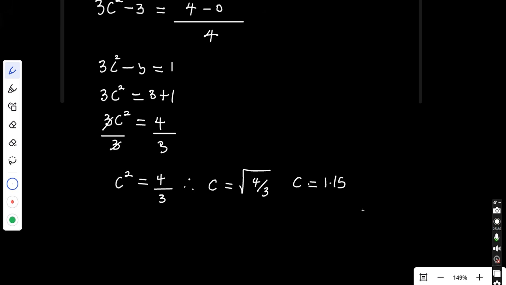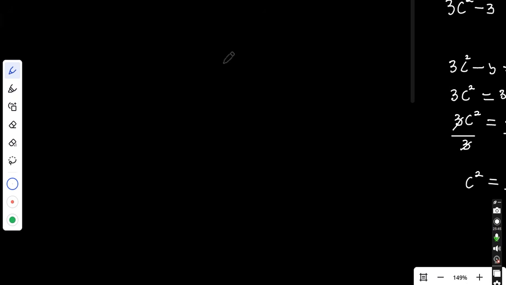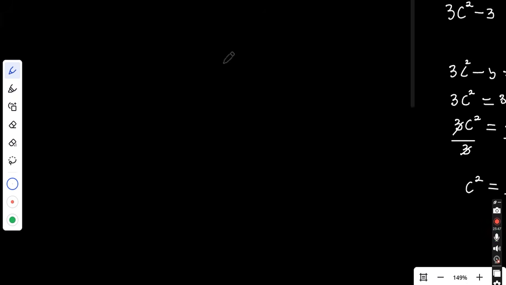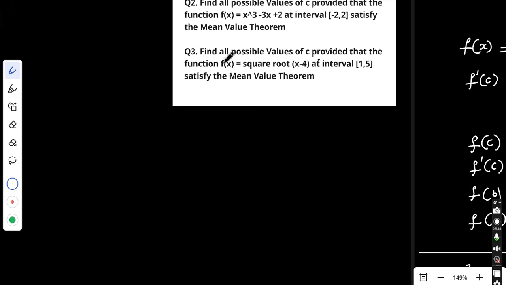So let's take the third example. The third example says that we should find all possible values of c, provided the function f of x is equal to the square root of x minus 4 on the interval 1, 5 satisfies the mean value theorem.